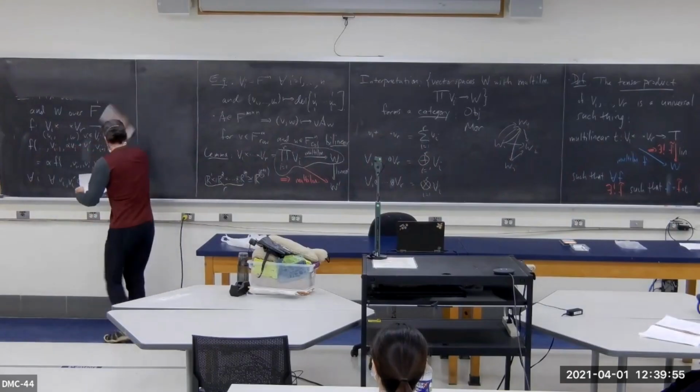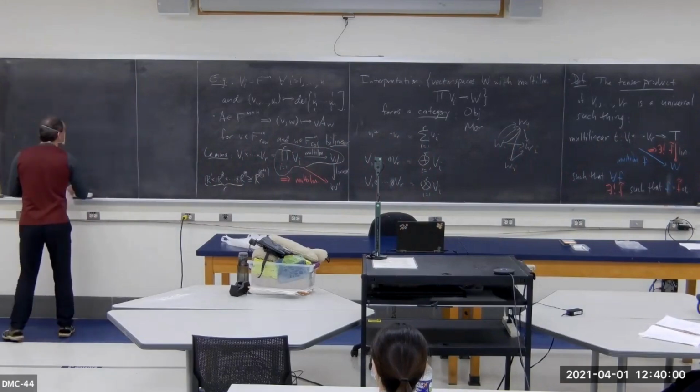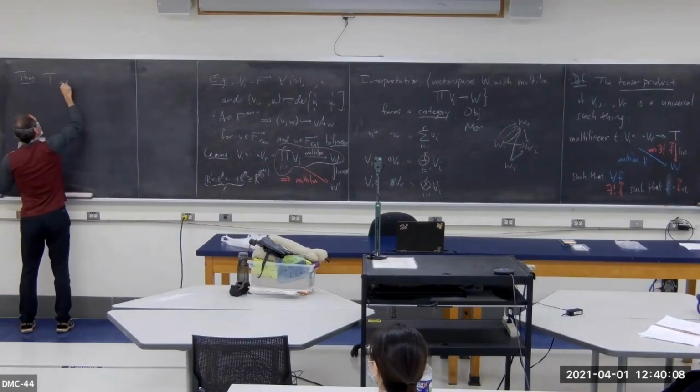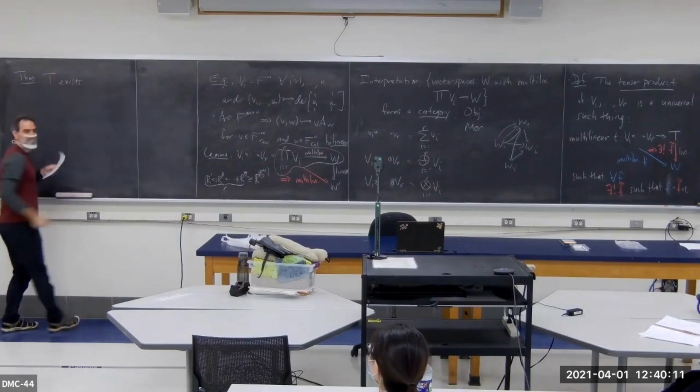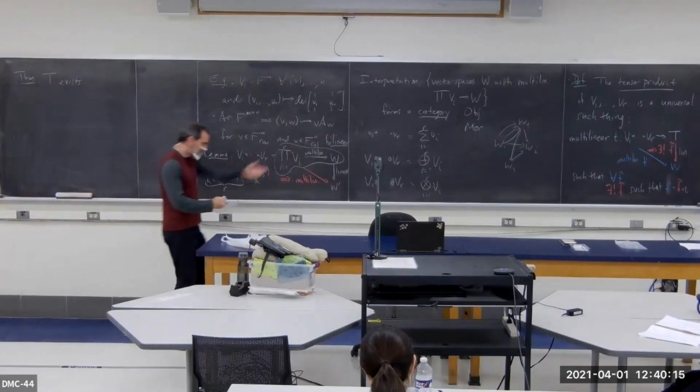This is actually much more concrete than it seems at the moment. That's just the right way to make this definition. So, first of all, this shouldn't be completely obvious. T exists. That is, there is a vector space with a multilinear map.